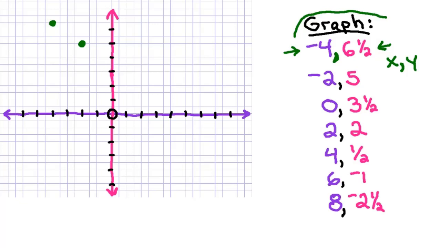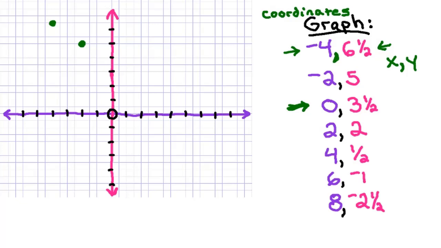Now the next value, the third value, or the third coordinates is what they call them. Coordinates. It looks like coordinates, but everybody just says it's coordinates. So your third set of coordinates are 0 and 3.5.